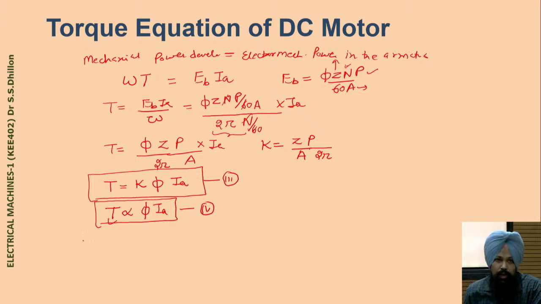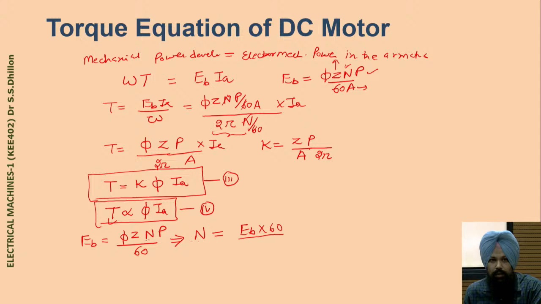Now as we know that back EMF is represented by what? That is phi Z N P upon 60A. Okay, from this relation I can determine the expression for the speed, that is given by Eb into 60 divided by the flux, and this factor is as it is, this is Z into P. As we know, again this factor is going to be the constant term.